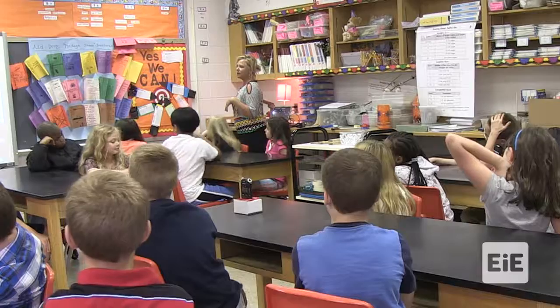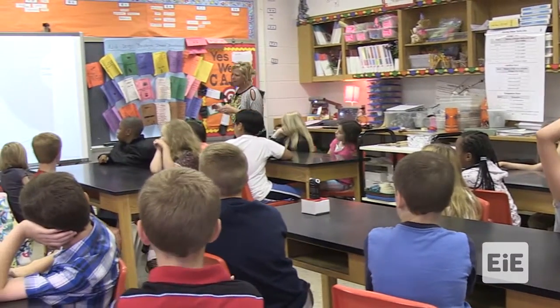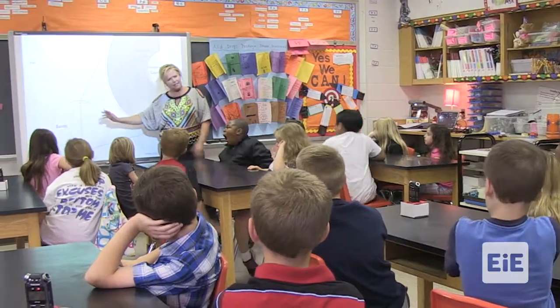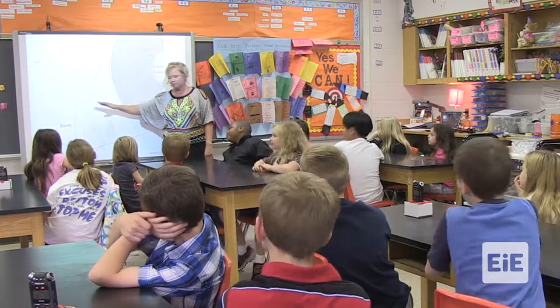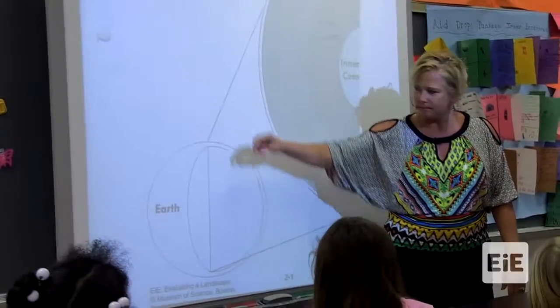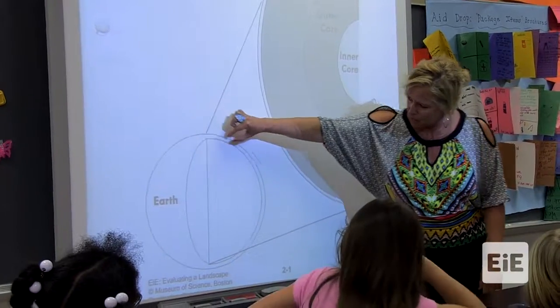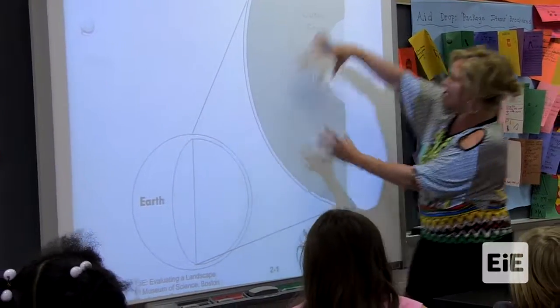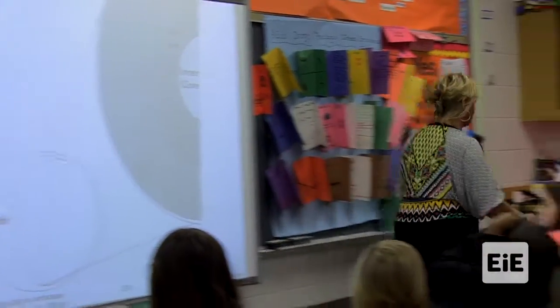Now here's a quick little model of the earth. If you think of an apple that's been sliced open, they're going to take this red peel, which is really the crust of the earth, and it's going to be blown up really big right here for you to see.